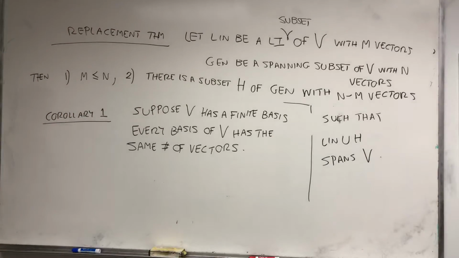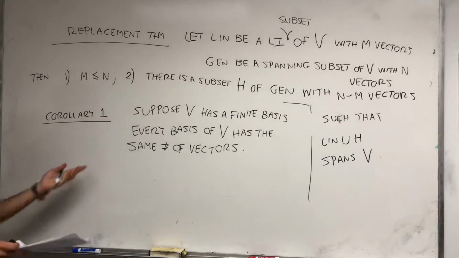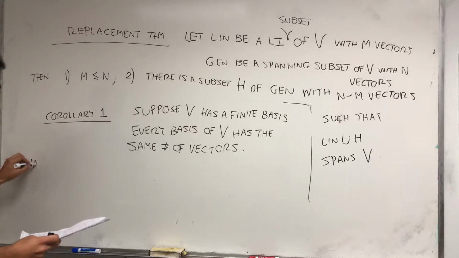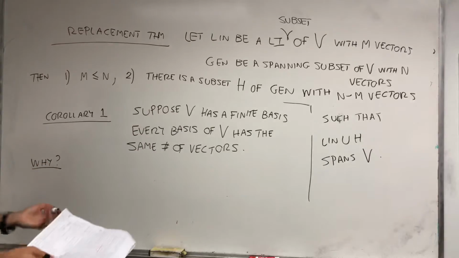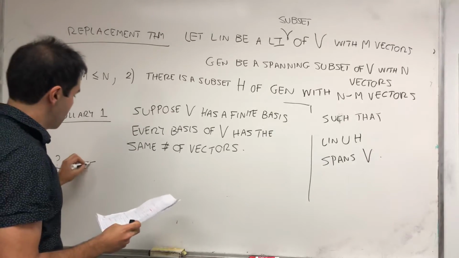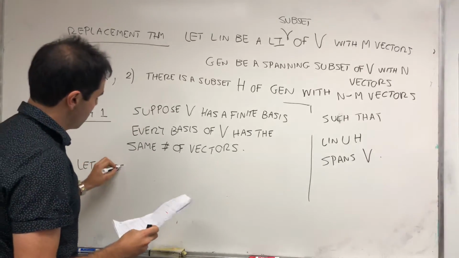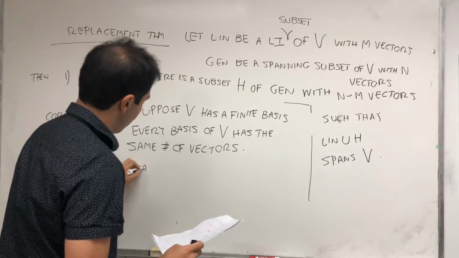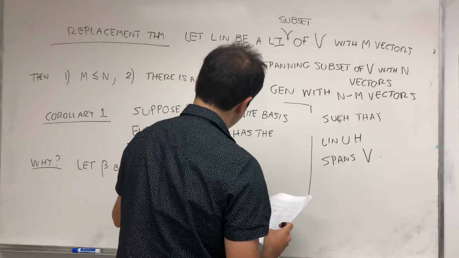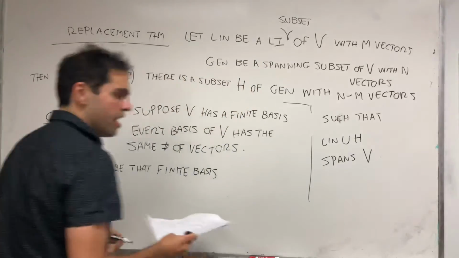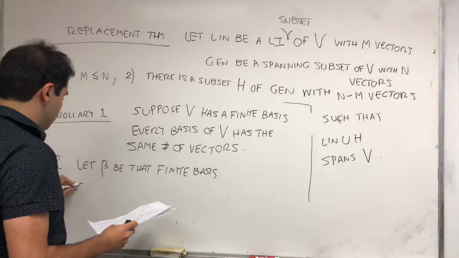Why? Again, by the replacement theorem. How can we show it? So, first of all, let beta be that finite basis. And let gamma be another basis of V.